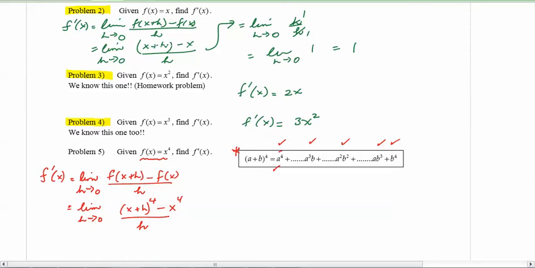So the powers of a go down by 1 each time, and the powers of b go up by 1 each time, and you'll notice that the powers always add to 4. The exponents add to 4. 3 plus 1 is 4, 2 plus 2 is 4, 1 and 3 is 4.